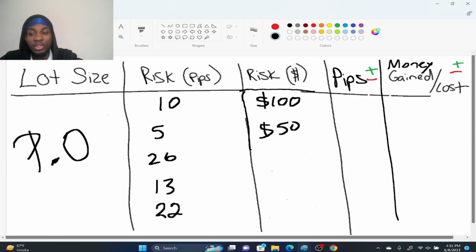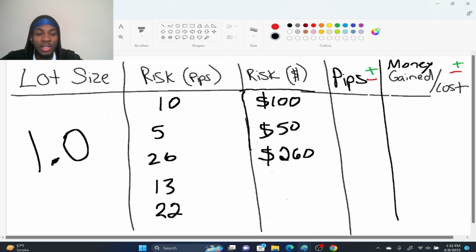If this were a 3 lot, these numbers would change. This would be 300, this would be 150. So 26 pips means on Wednesday we risked $260, on Thursday we risked $130, and on Friday we risked $220.